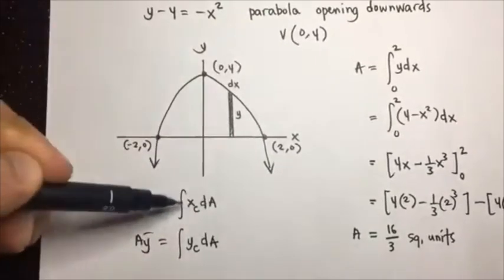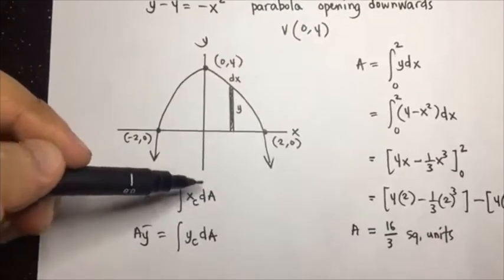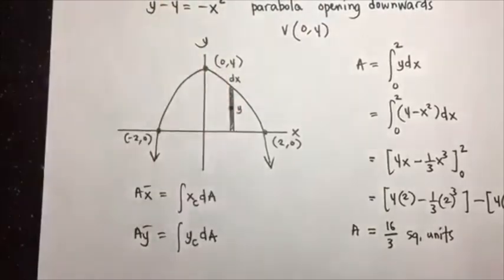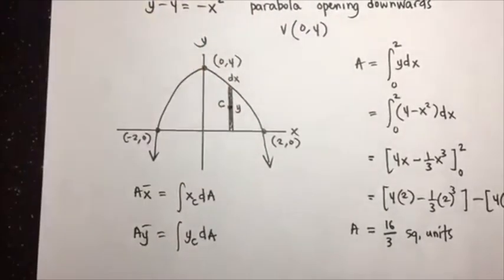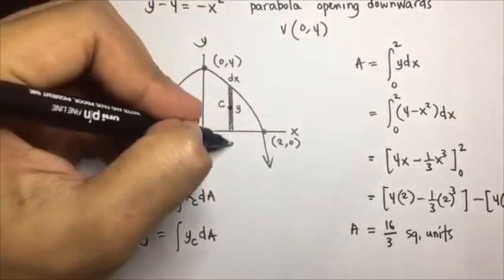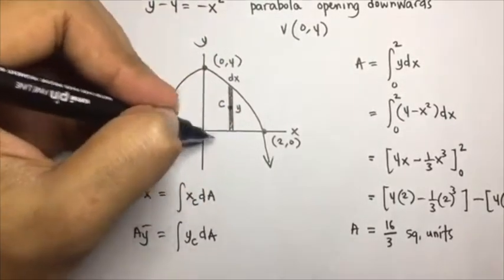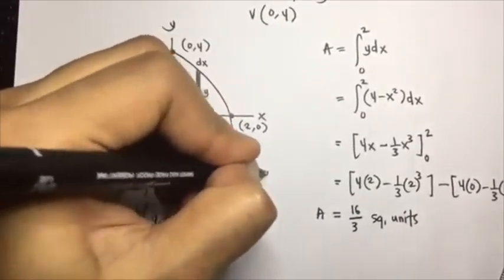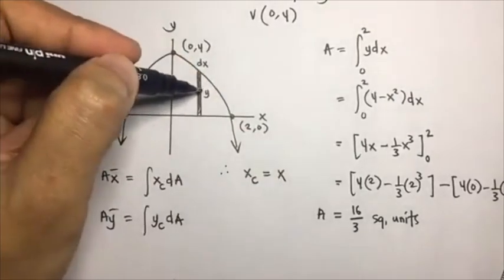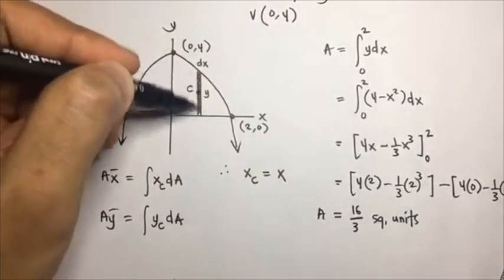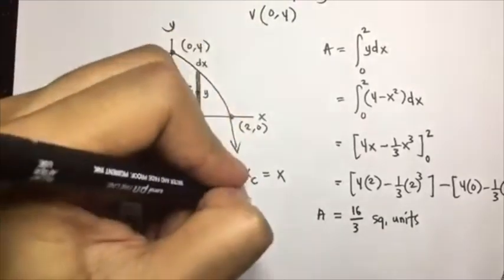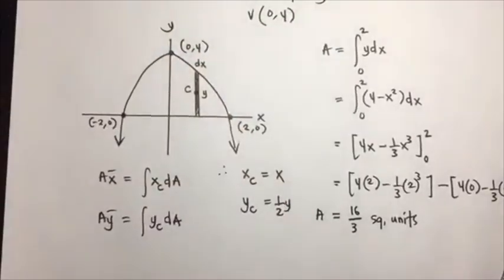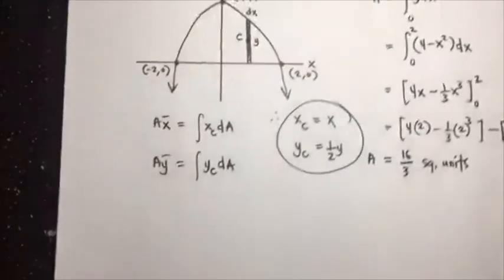Again, xc and yc are the coordinates of the centroid of the strip. So xc will correspond to x, and yc will correspond to 1/2 of the length of the strip, so our yc is 1/2 of y.